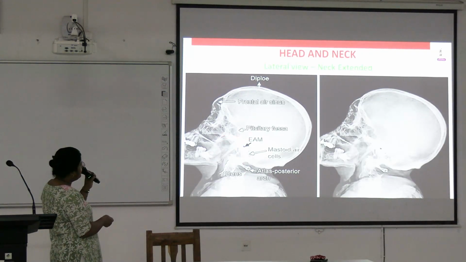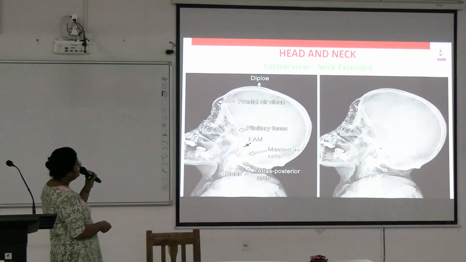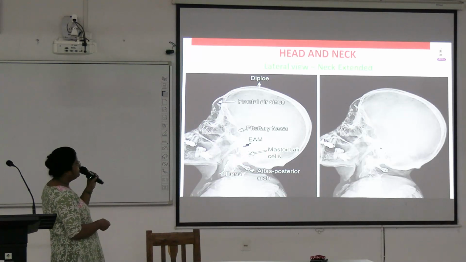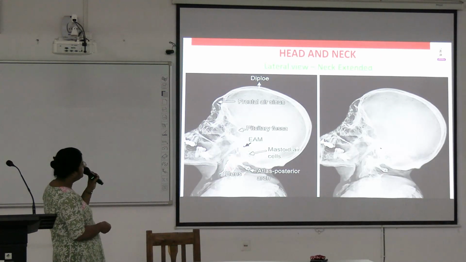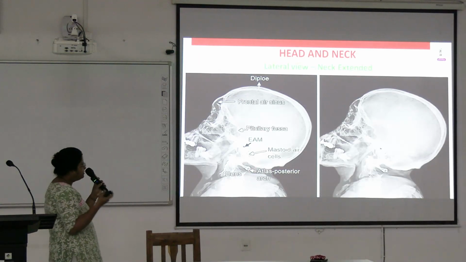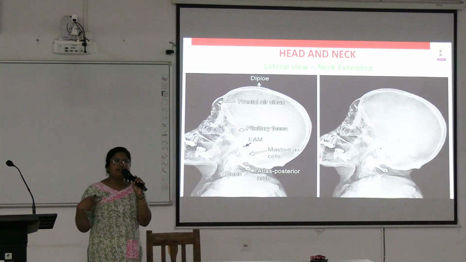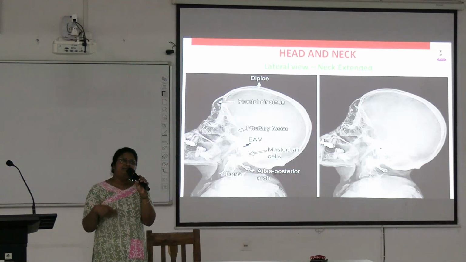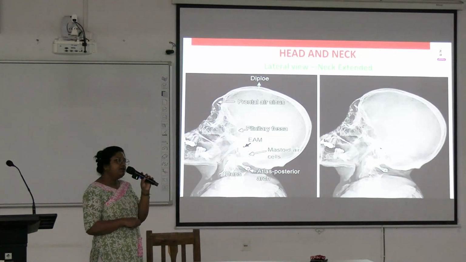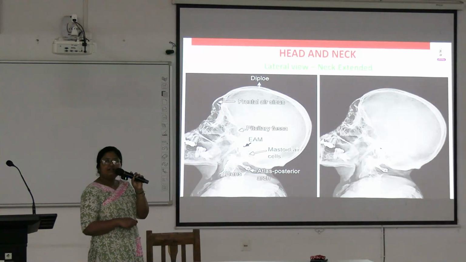Here is the petrous part of the temporal bone and the external auditory meatus. Posterior to the external auditory meatus is the mastoid process, with the mastoid air cells. In case of infection, when the mastoid air cells get filled with fluid, they will be hyperechoic, whiter than normal.